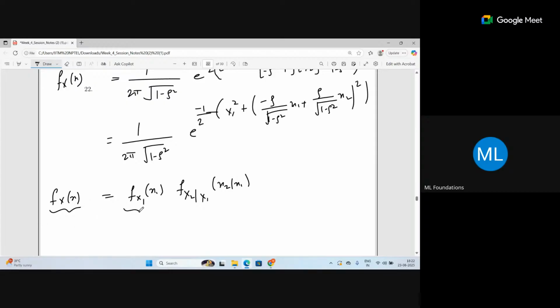What is the distribution of x1? It is normally distributed with mean 0 and variance 1, correct? You have seen that, right?